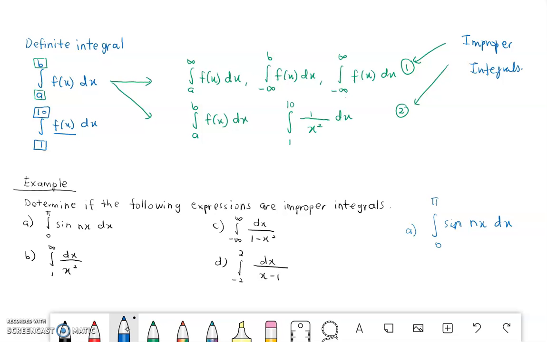Here sin x is a continuous function, and our interval is finite. So this integral is not an improper integral.